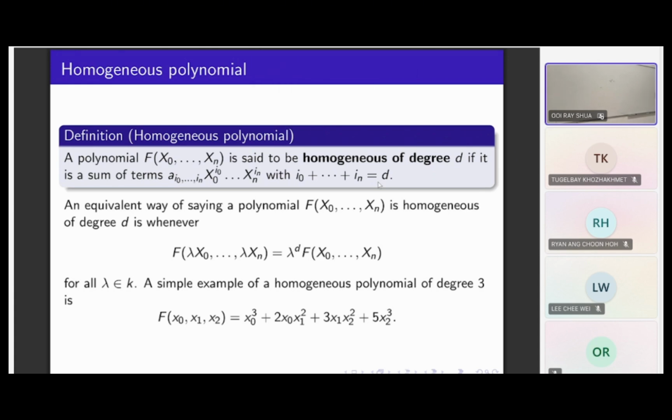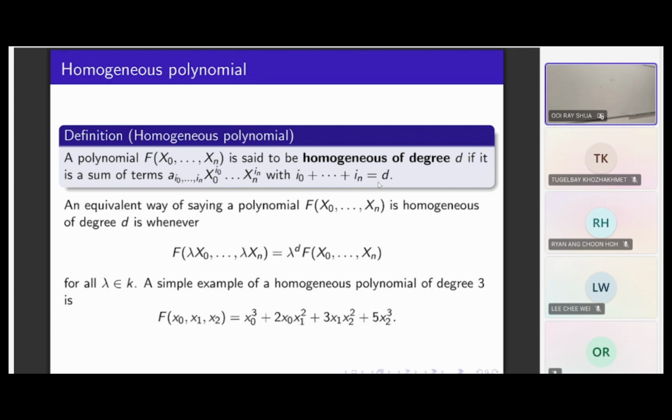If you want to verify whether a polynomial is homogeneous, you can substitute lambda x for each of the coordinates, and if you can factor it out like this, that means it is a homogeneous polynomial.